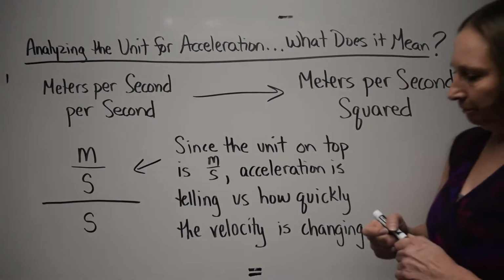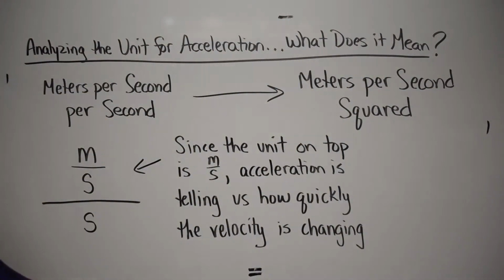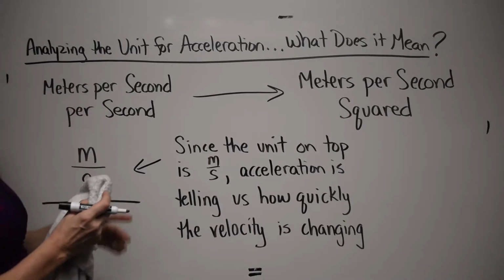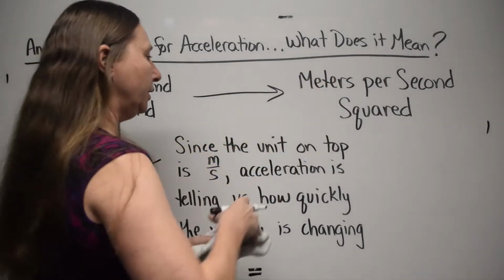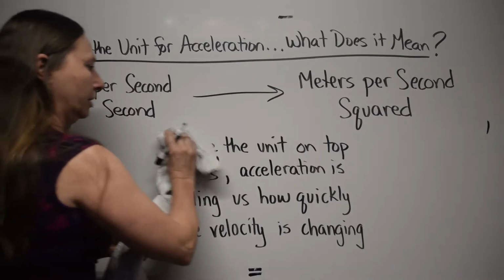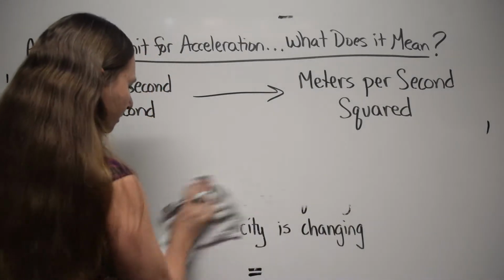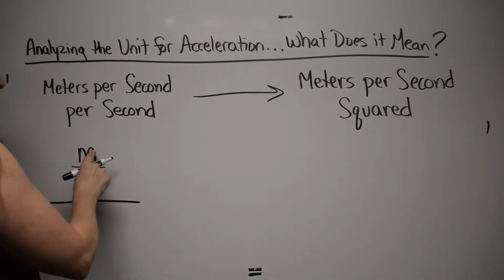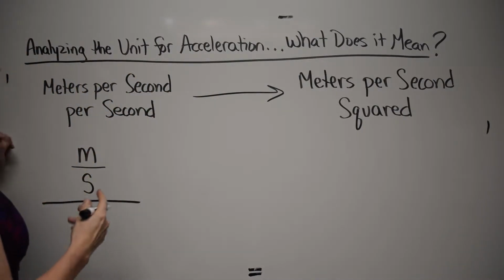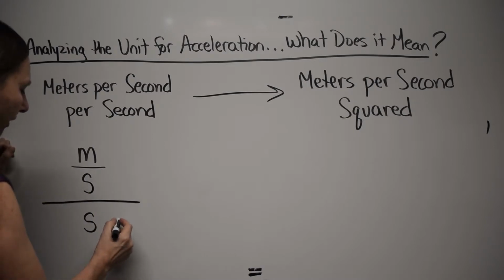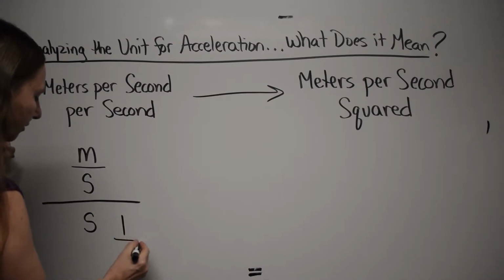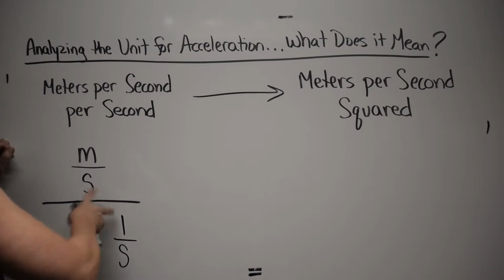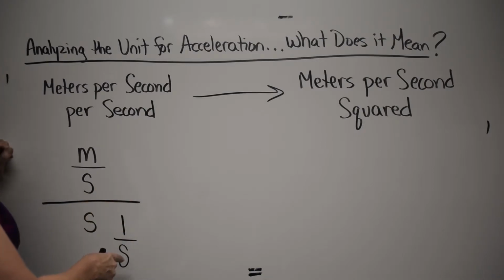All right, so let's see how the unit meters per second per second becomes meters per second squared, which is what you'll be seeing 99% of the time. Well, we want to simplify this. So on the bottom, we invert the seconds. Now, that's 1 over seconds.